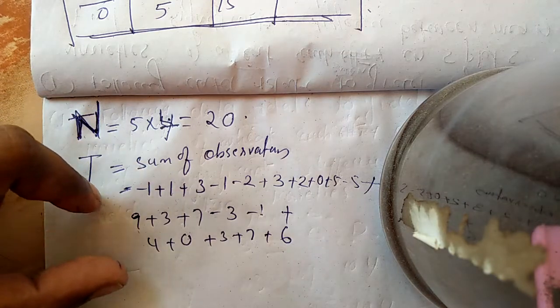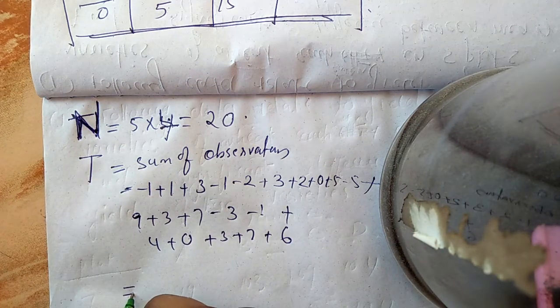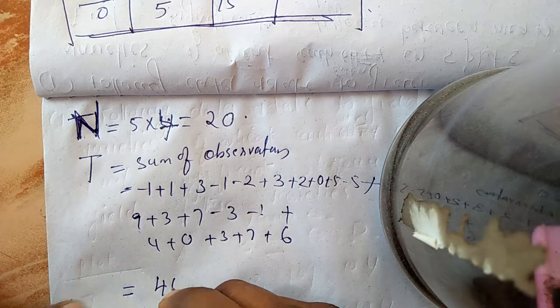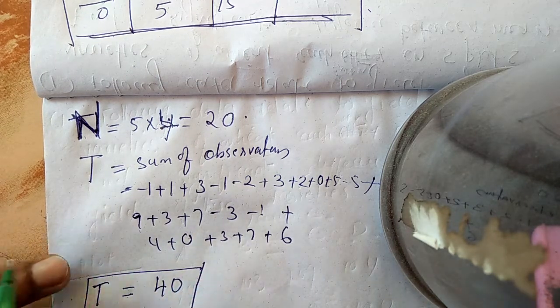You add each observation, and you get 40. So T equals 40.